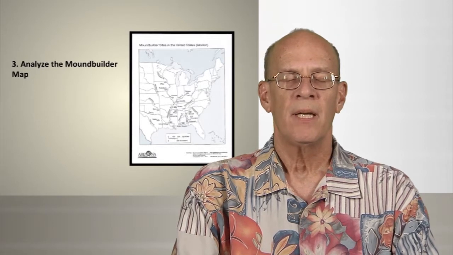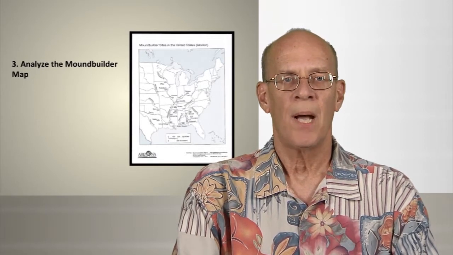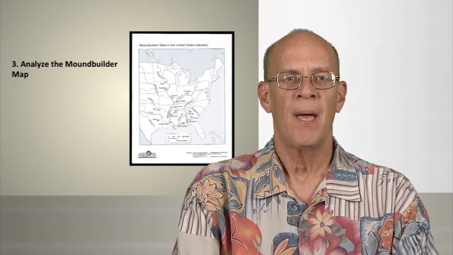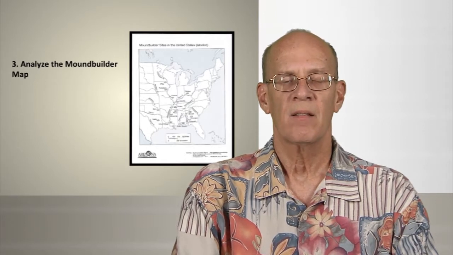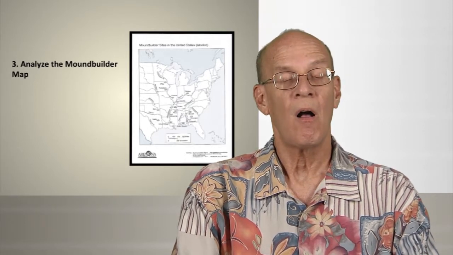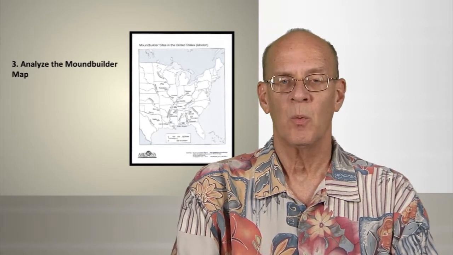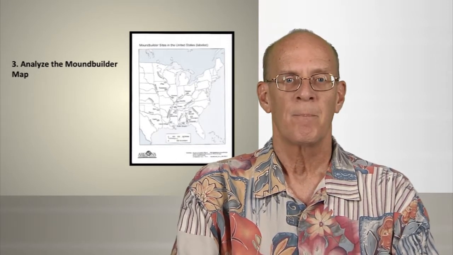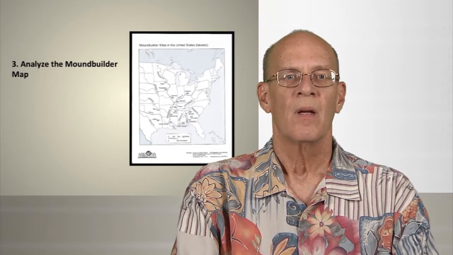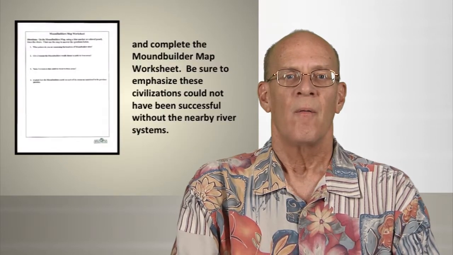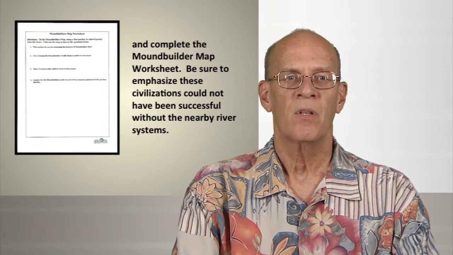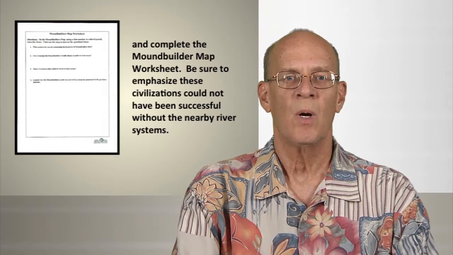Once you've done the reading and the chart, and you've looked at the PowerPoint, you're going to pass out this map for the students to analyze. This map shows not all of the Moundbuilder sites, but some of the major ones from each of the cultures. They'll use that map to complete this worksheet answering some questions.